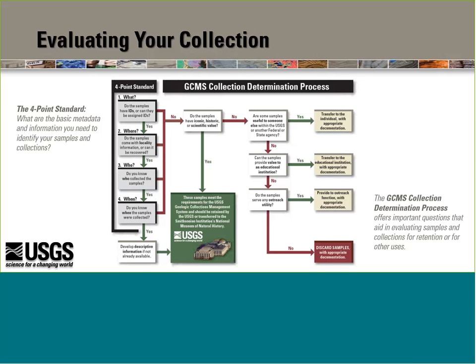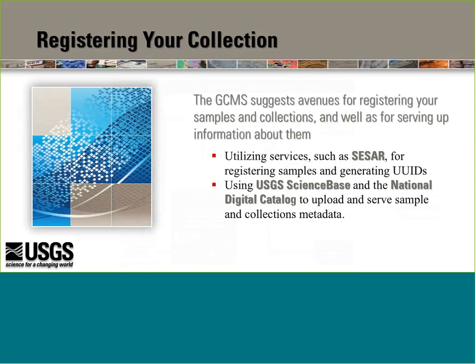And this decision tree also provides solutions for if you can't identify where this hand sample was collected, or you don't know what this core is, ways that you can utilize those for education and outreach. It provides suggestions for that so that the sample is not immediately discarded, either through disposition or through transfer to someone else.